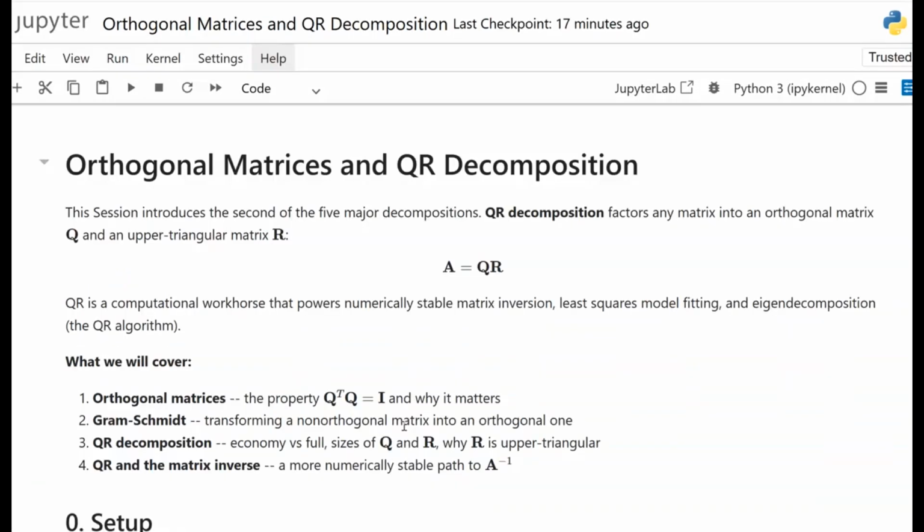Let's wrap up today's session, dear friends. We started with orthogonal matrices and discovered something remarkable. A transformation can rotate data without changing its length, without changing its angle, without destroying its geometry. We learned why Q transpose multiplied by Q equals I makes orthogonal matrices computational superheroes.